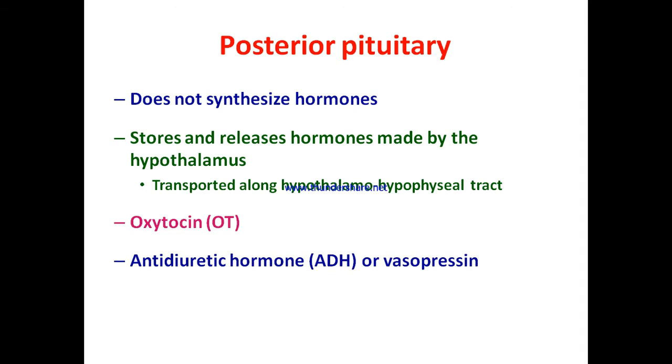Posterior pituitary does not synthesize hormone, but it stores and releases hormones produced by hypothalamus. The hormone synthesized and released by the hypothalamus is transported along hypothalamo-hypophyseal tract. Oxytocin and antidiuretic hormone or vasopressin reach the posterior pituitary from hypothalamus.